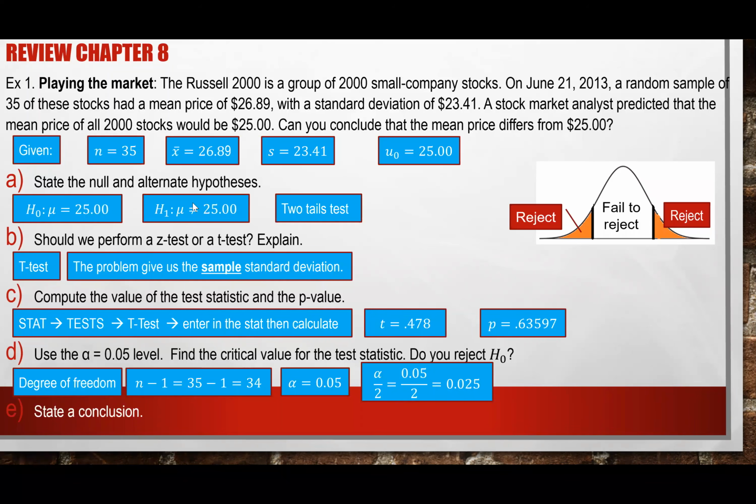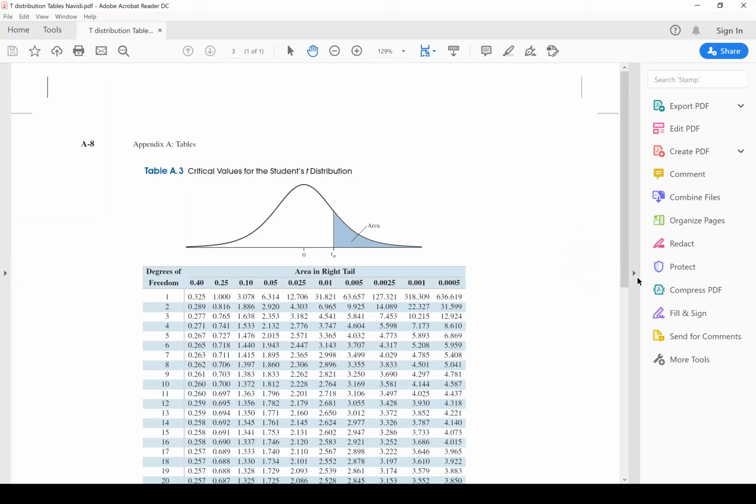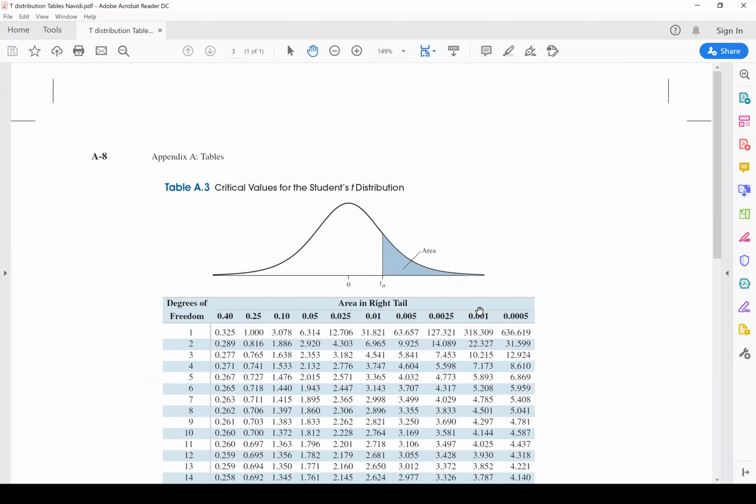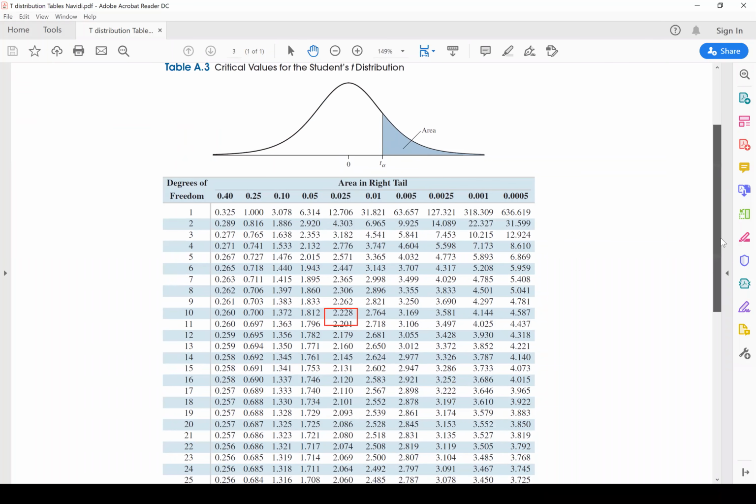Okay, so looking at this, if you go to this table, when we divide the alpha by 2, this is what I have, which is 0.025. That is my level of alpha. And then all I need to do is take that level of alpha and go down to 34.